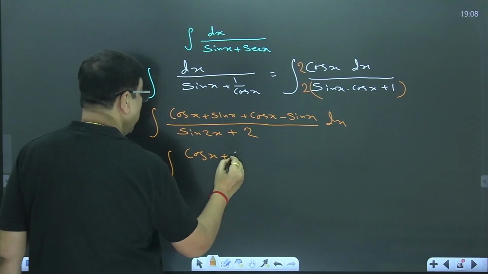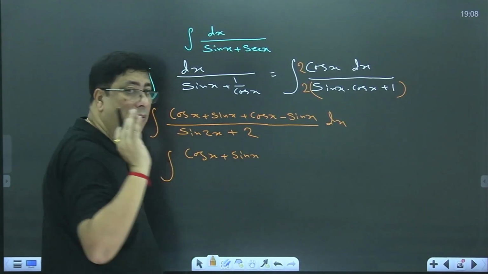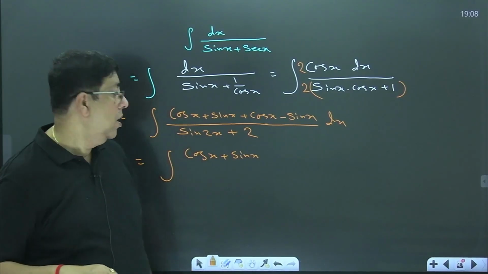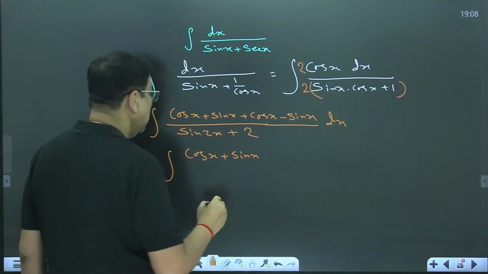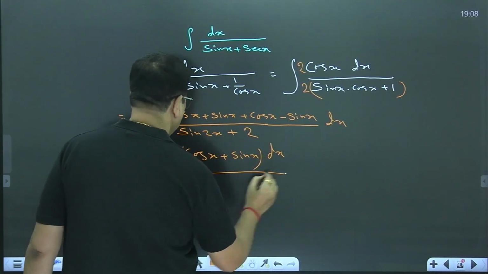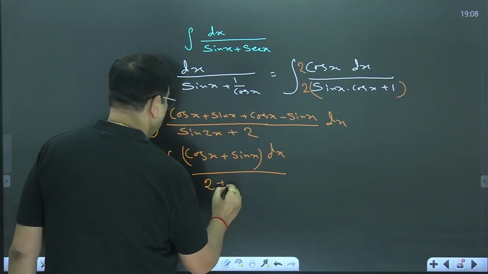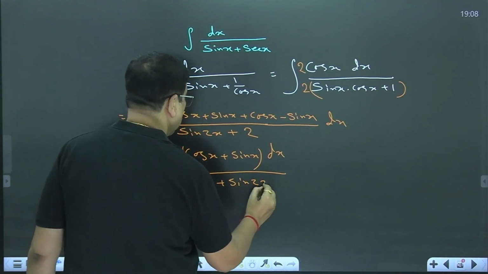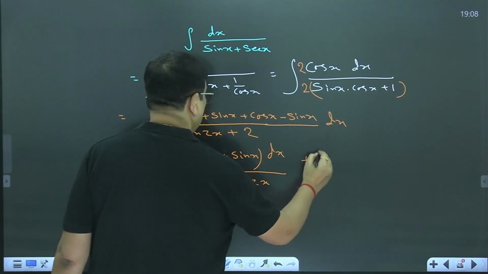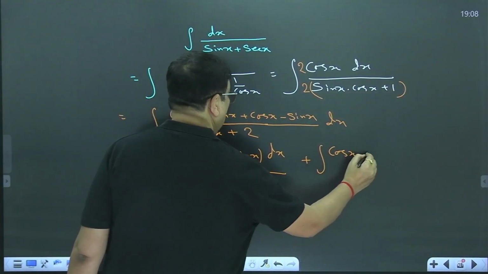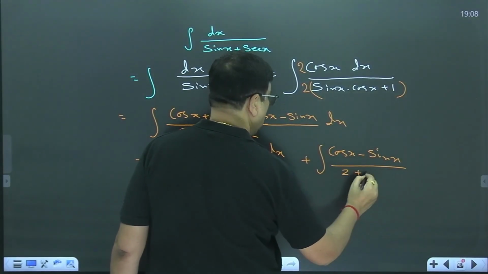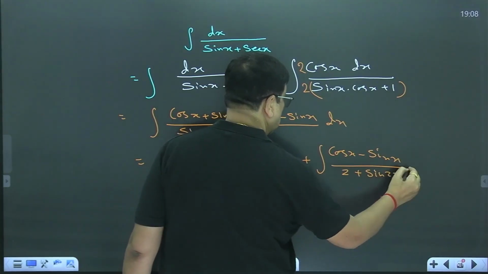We have to remember, always think that we take as t the expression whose derivative is present in the numerator. So cos x plus sin x dx by 2 plus sin 2x, plus cos x minus sin x by 2 plus sin 2x dx.